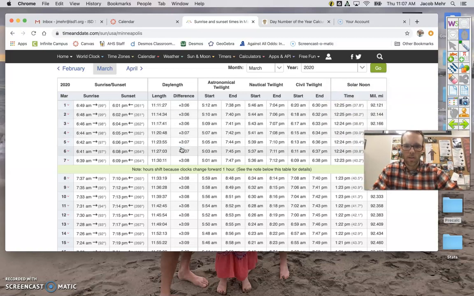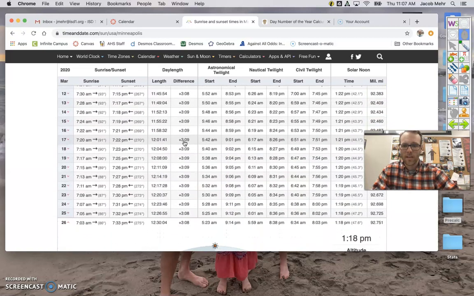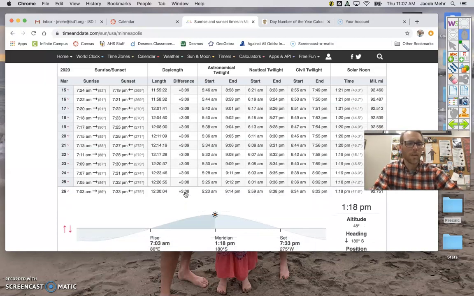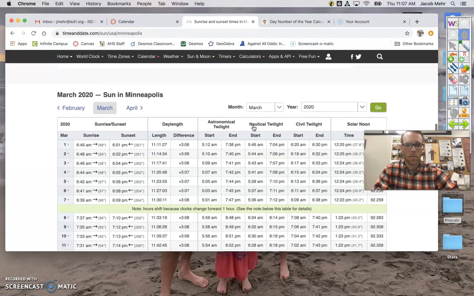And notice these pluses here. This means that there is a difference from the day before of 3 minutes and 6 seconds. So if we find today's date, the 26th today, we notice that we've gained 3 minutes and 8 seconds of daylight from the day before, so it's changing quite a bit.